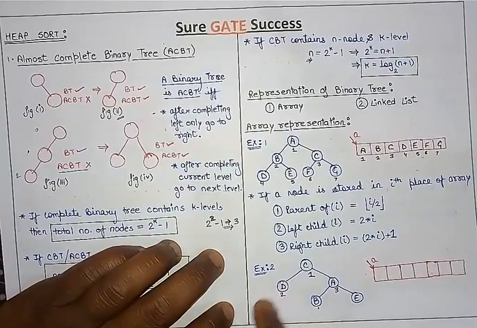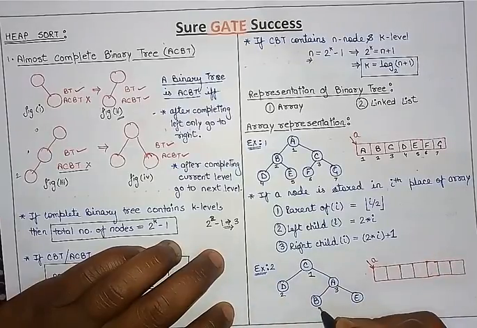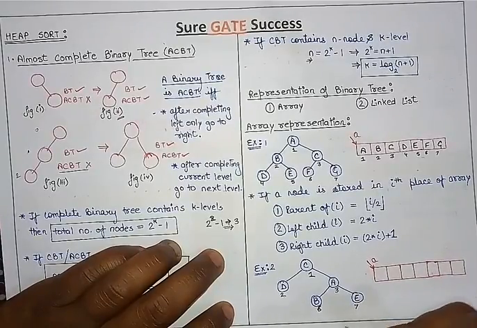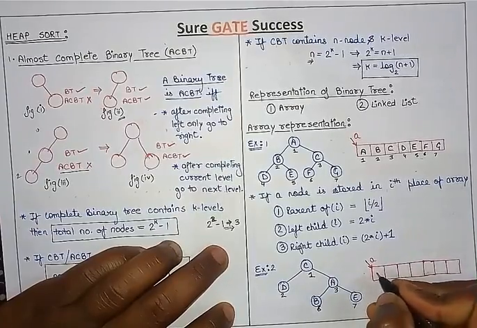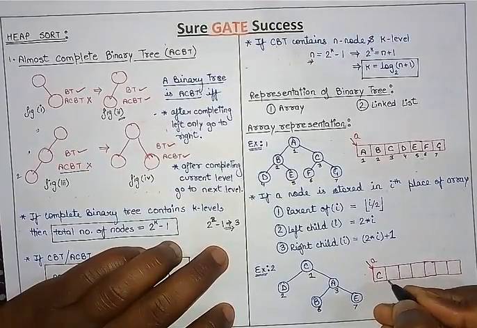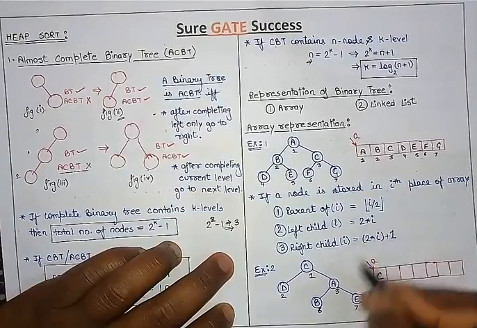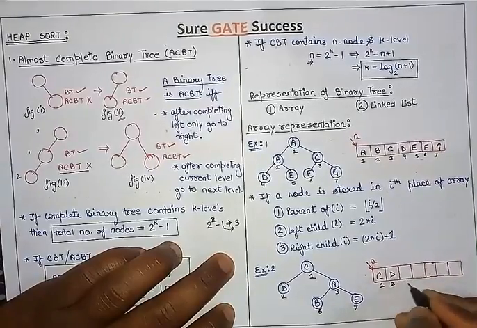There also has to be two children, so skip two numbers, it will be 6 and 7. You will understand how I have taken 6 and 7. So firstly C will be here, and the left child of C will be what? 2 into i, that is 2 into 1, so the second position, D.